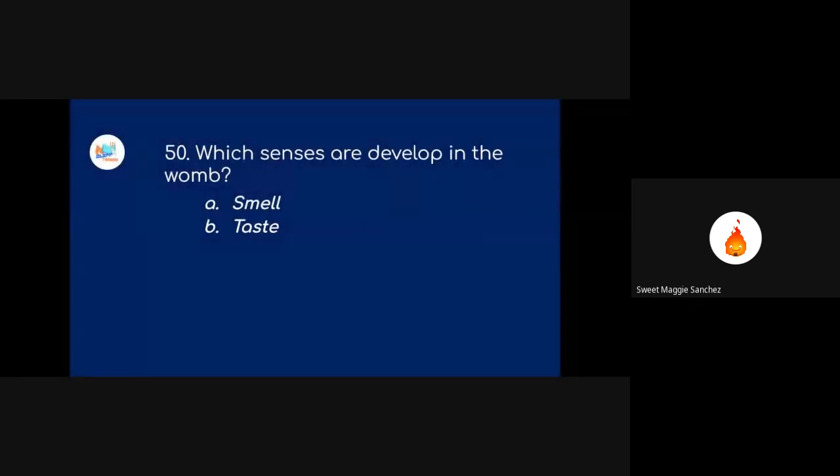Number 50, which senses develop in the womb? A bonus question, both answers are correct. We shall thank the placenta and umbilical cord for letting us experience the sense of smell and taste during our mother's pregnancy.